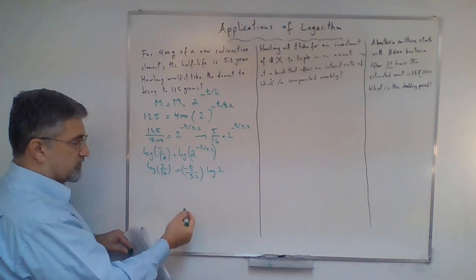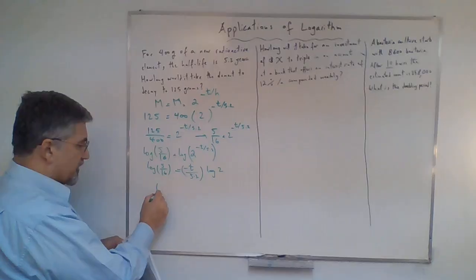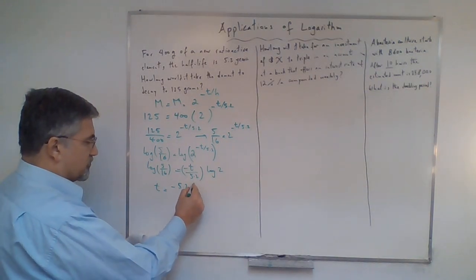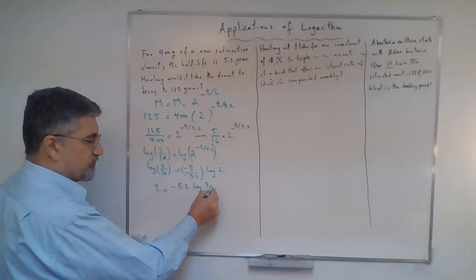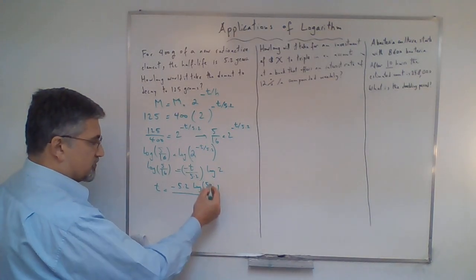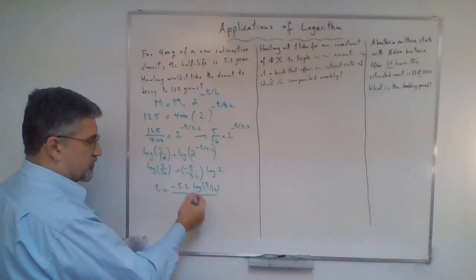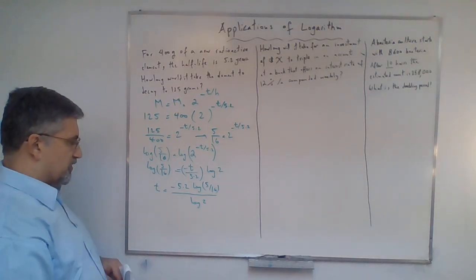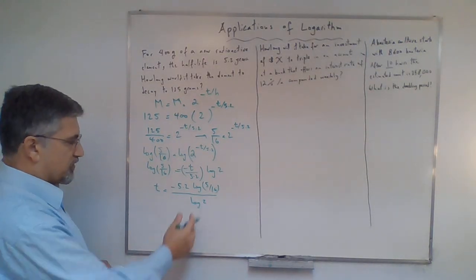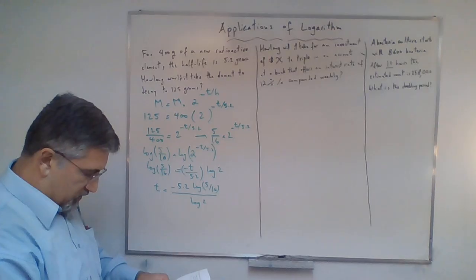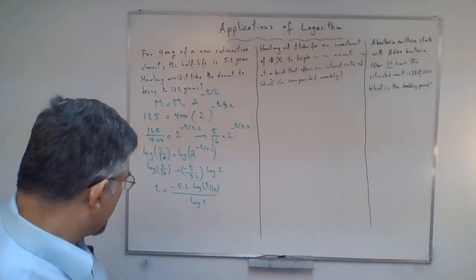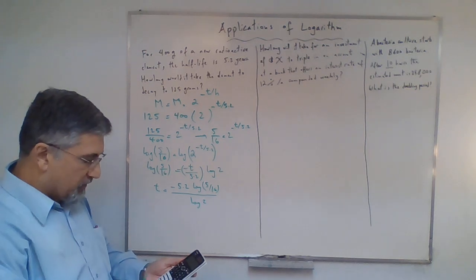So from here, if you want to solve for t, I would say t equals negative 5.2 times log of 5 over 16, all divided by log of 2. We know how to solve the variable. I solved for the variable t by doing cross multiplication, and this is what we ended up with. Now all we need is, of course, a calculator to figure out what the answer will be in this case.